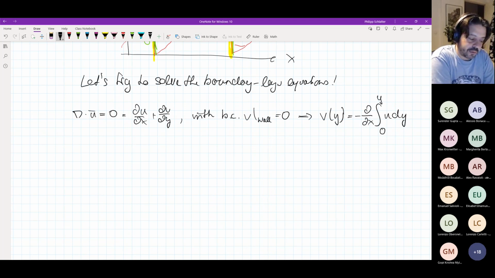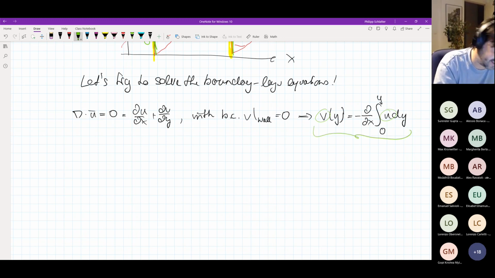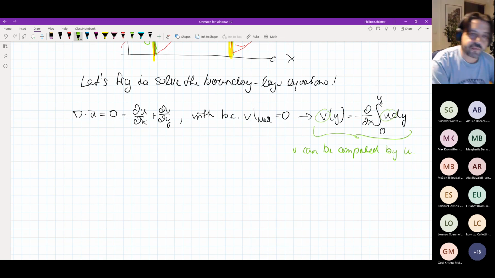It doesn't help us very much right now, but it tells us that if I know the velocity u profile, I can actually calculate v if I want. So the statement of this equation is that v can be computed by knowing the velocity u. That's kind of it for the time being.